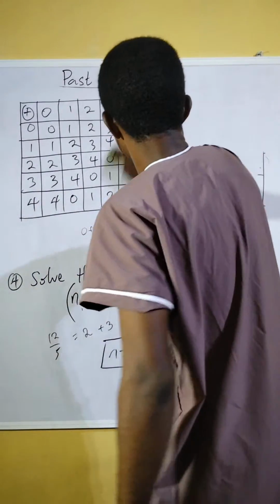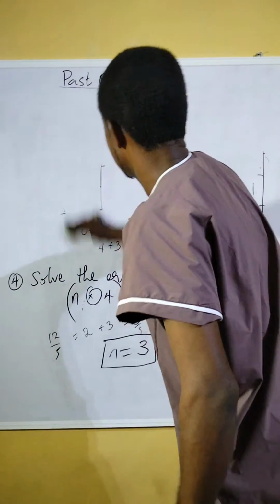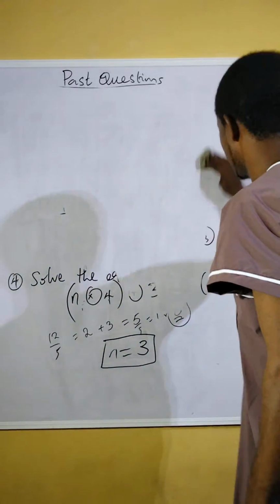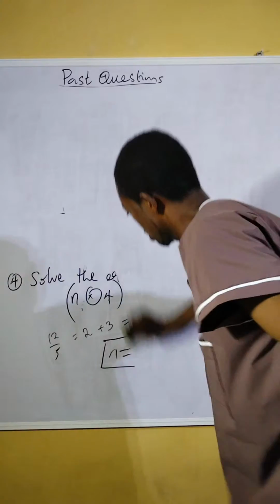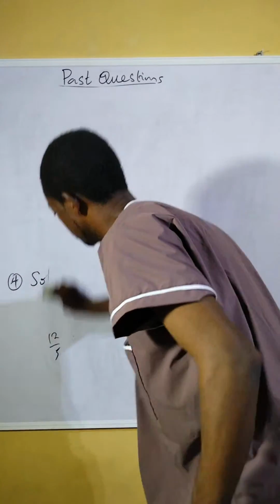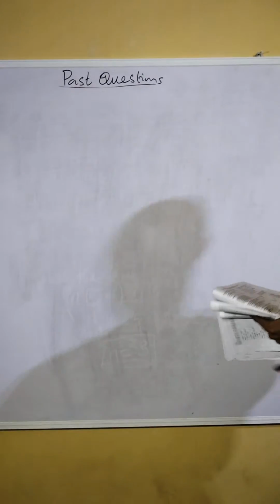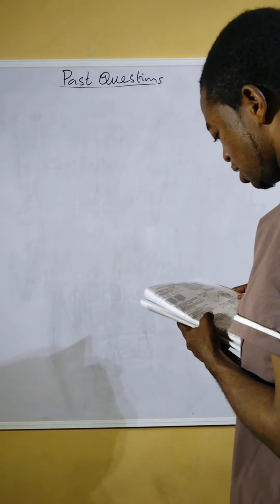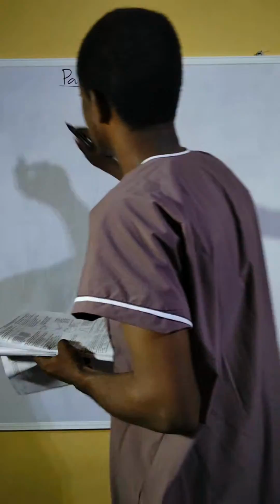Now, let's look at this particular question. So here they said the ages of Tunde and Ola are in the ratio 1:2.